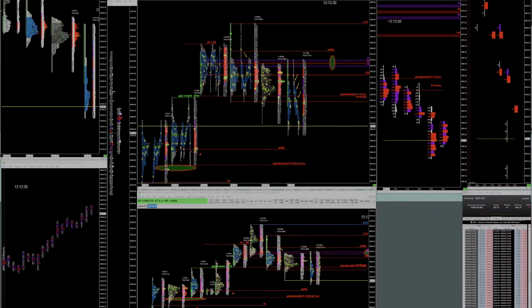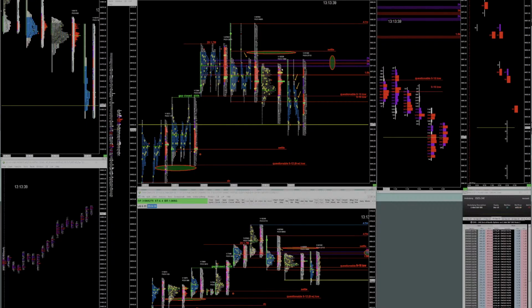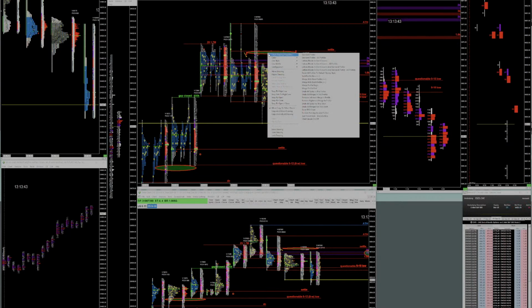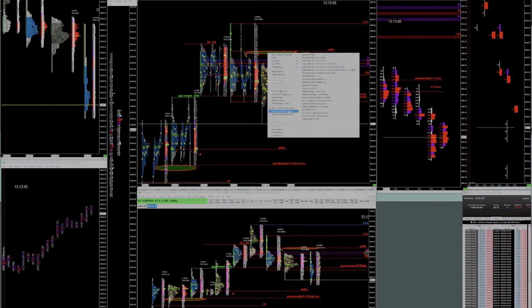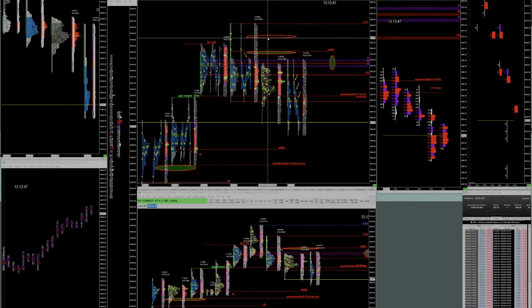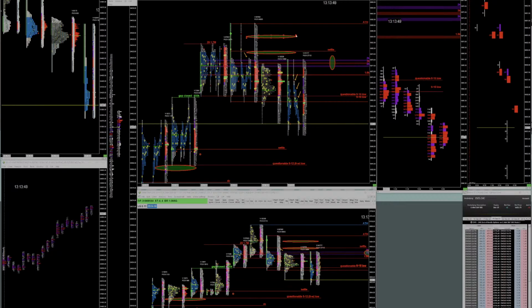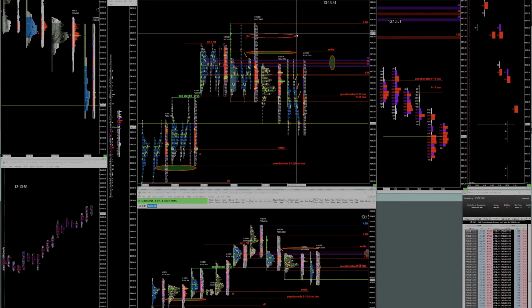Not even, and this can be tricky, this can be like a stage 1, but there's a bigger one up here in this area.